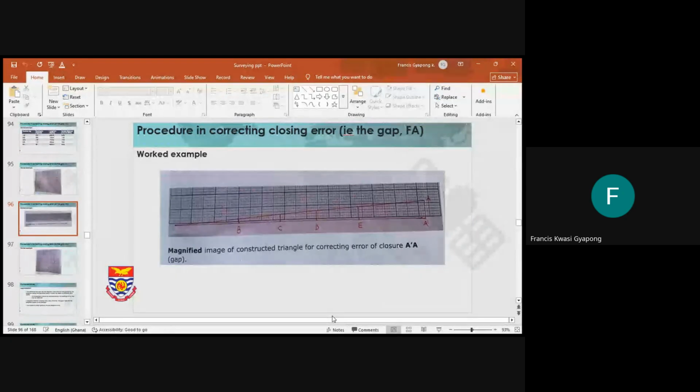At this stage, your error has been closed. At this stage, your traverse has been adjusted. Your traverse has been what? Adjusted. Any problem with the last leg of what you have just done?